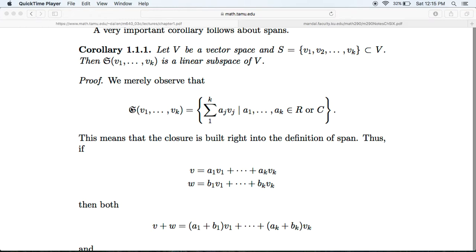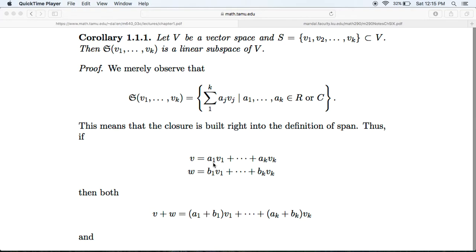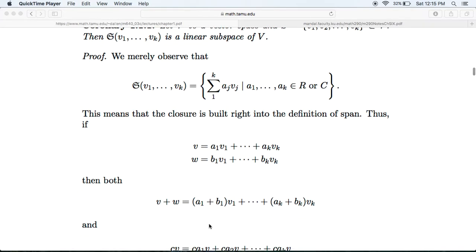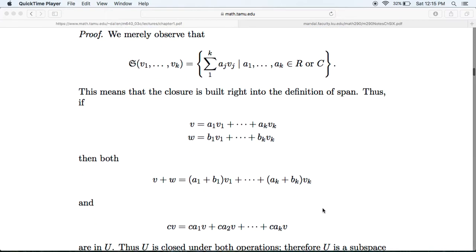Now we know that the span of S is written as all possible linear combinations of this sort. This means that if I take two such linear combinations and add them, they add coordinate-wise this way: (a1 plus b1) v1 plus dot dot dot plus (ak plus bk) vk. This again belongs to the span, so it is closed under addition.